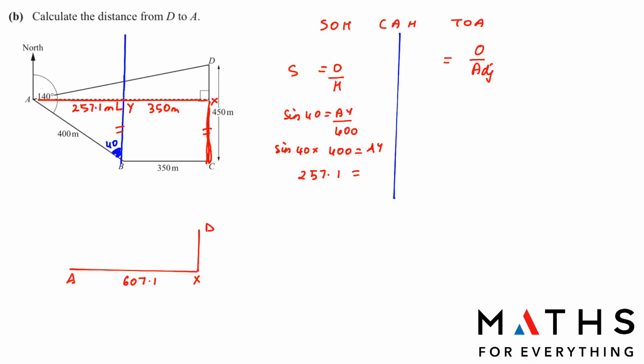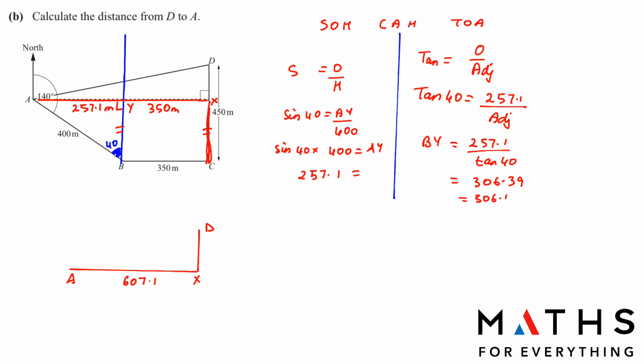So you need to use tan. Tan 40 is equal to opposite, which is 257.1 over adjacent, which is BY. Cross multiply. This will give us 306.39. We will round it to one decimal, 306.4 meters.